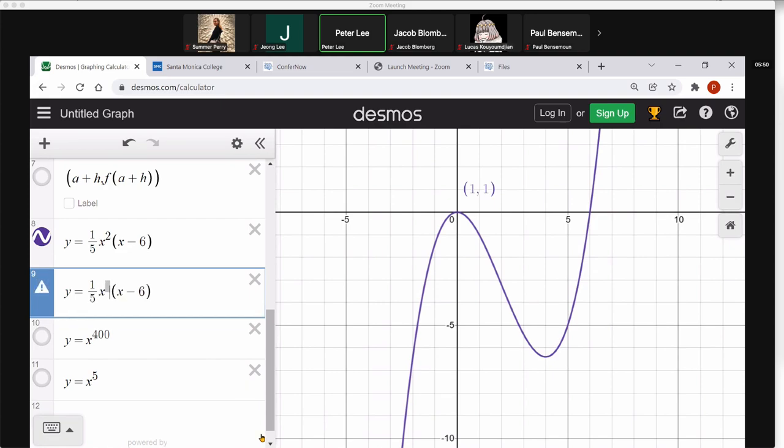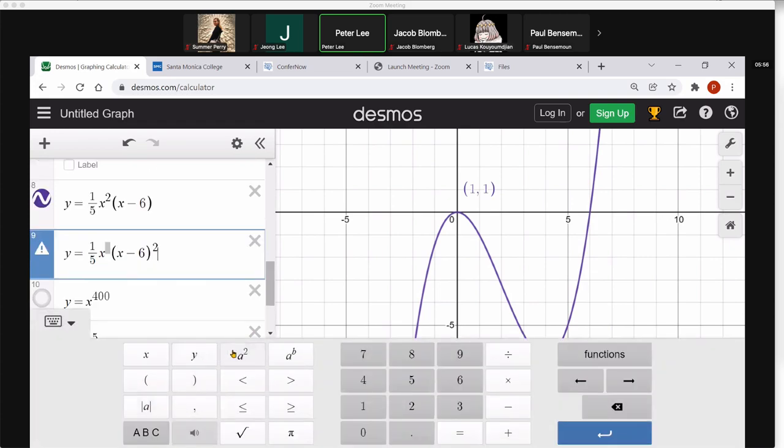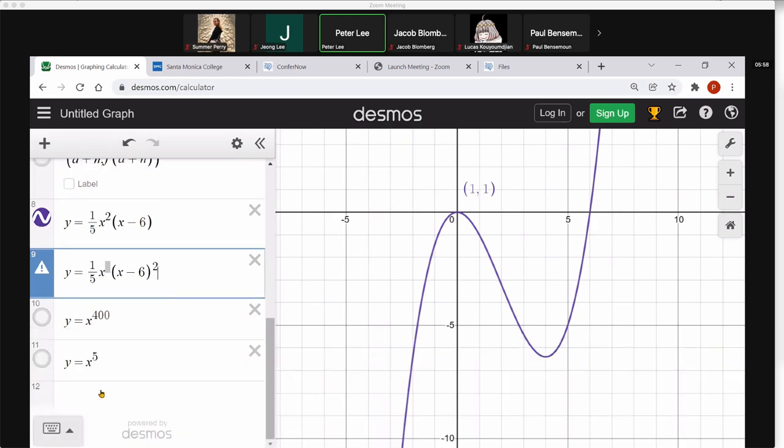Instead of x squared, I'm going to have y equals (x minus 6) squared over here. So how will the graph of number 9 look? Now, what's the difference between number 8 and number 9? Number 9 has x equals 6 as a double root, and x equals 0 is actually a single root. So how will that look?